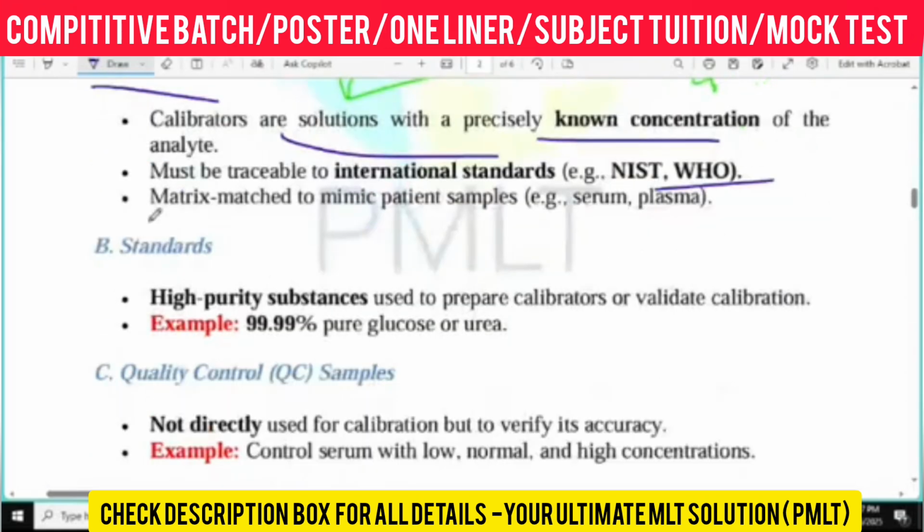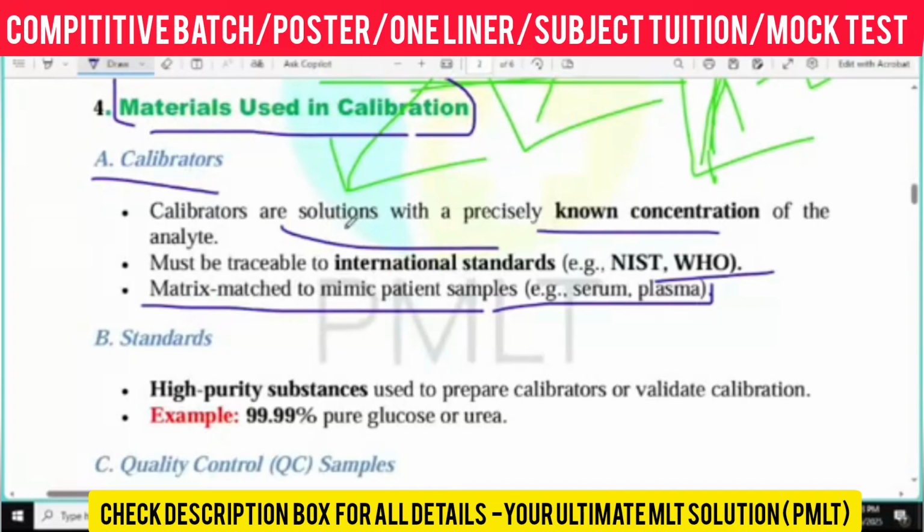After that, it should be matrix matched to mimic patient samples like serum and plasma. So a calibrator is a known concentration of solution, and the matrix might be serum or plasma. That is the calibrator. We can use the calibrator for calibration.